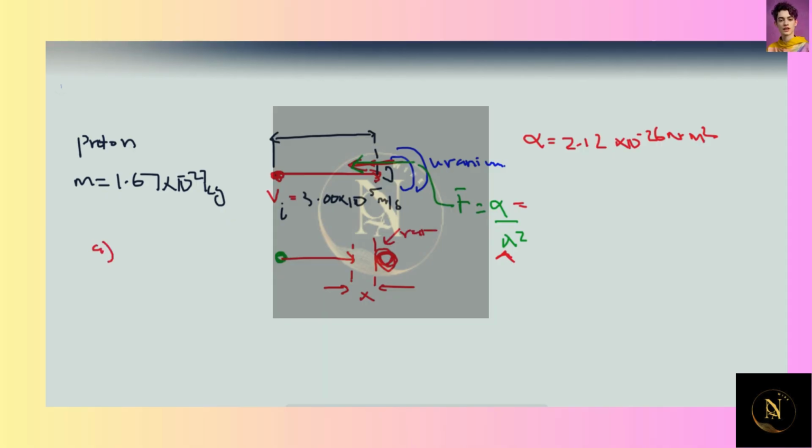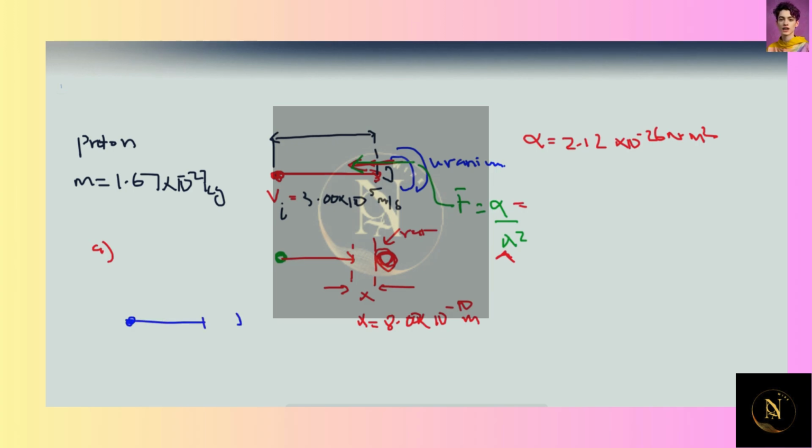Part A of the problem wants us to find the speed of the proton when x is 8.00 times 10 to the negative 10 meters. So this is how it's laid out. This is the proton. It's coming this way.